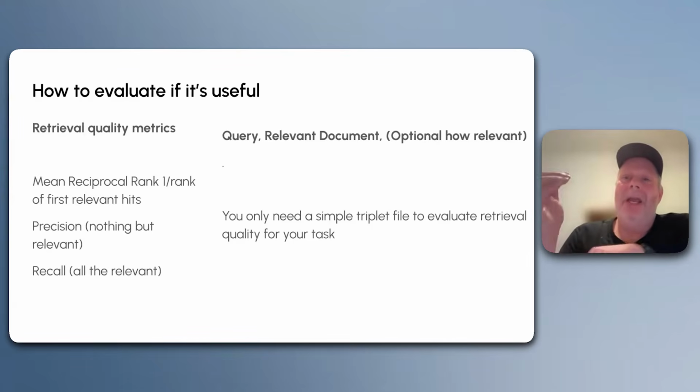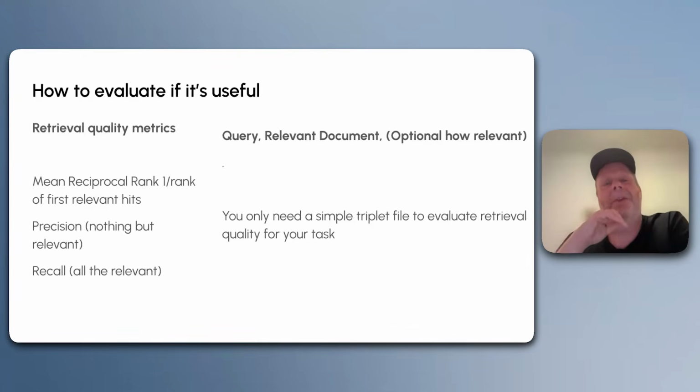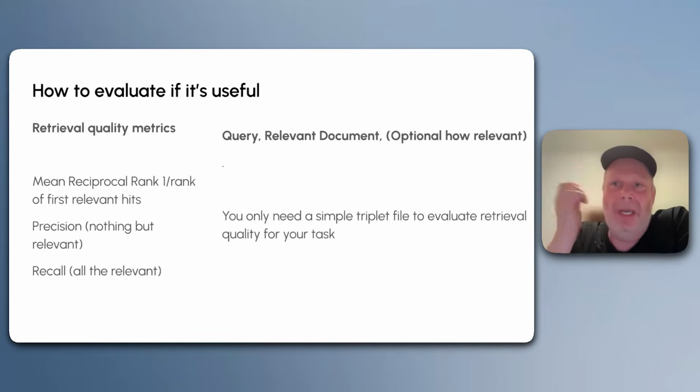And you have metrics like mean reciprocal rank, which is a fancy name for just figuring out the rank in the ranked list, or the position, of the first document that is considered relevant. So if for a query you put the relevant document at position 1, the score becomes 1. If you put the relevant document at position 2 and an irrelevant document at position 1, you get a 0.5 score, and so forth, right?